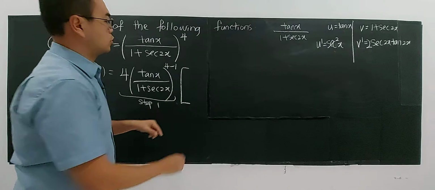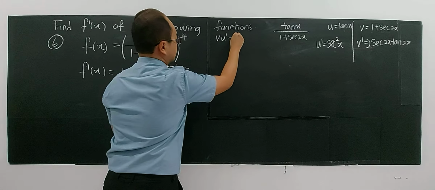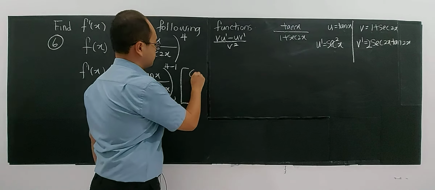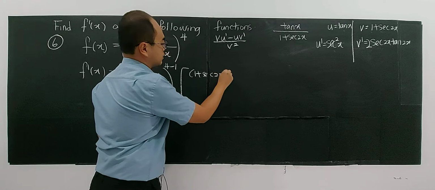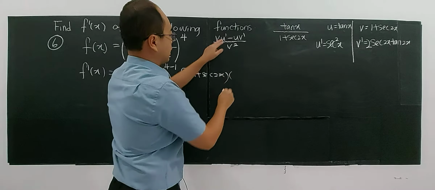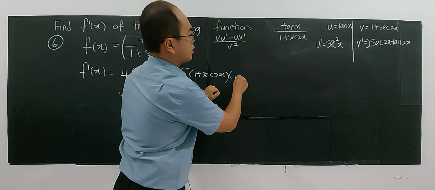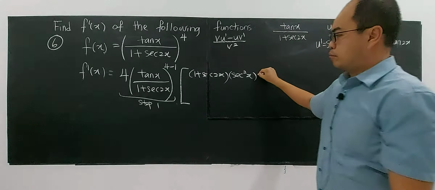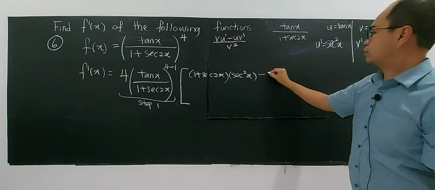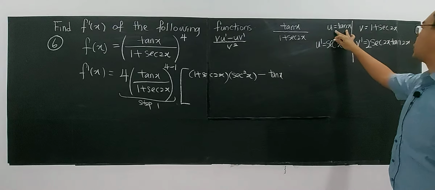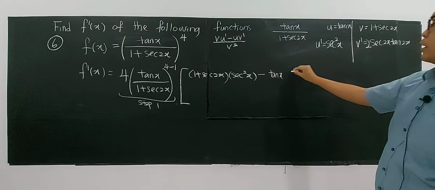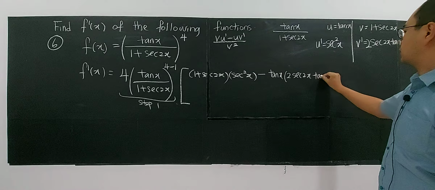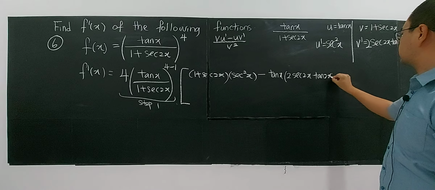So we're using the quotient rule. The formula will be v u prime minus u v prime over v to the power of 2. V will be 1 plus secant 2x, u prime is secant square x, minus u, which is tangent x, times v prime, which is 2 secant 2x tangent 2x.